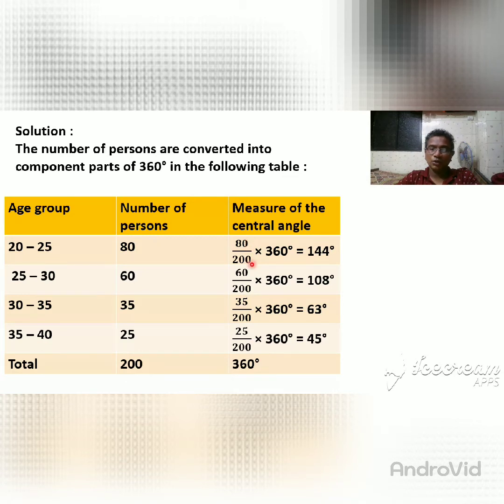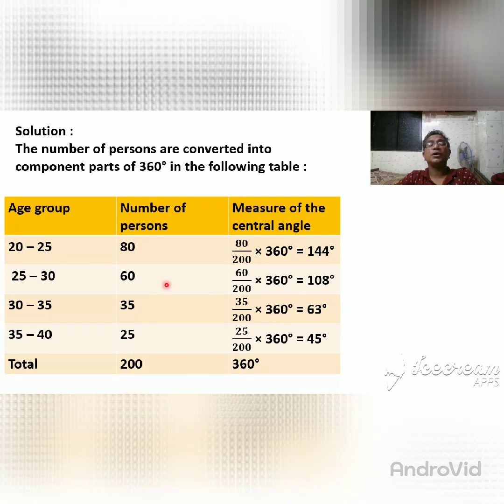This 0 cancels, this 0 cancels. What remains is 2. 2 ones are 2, 2 fours are 8. 4 into 36, 4 sixes are 24, so 4, 2 is carry. 4 threes are 12, 12 plus 2 is 14. So 144 degrees. Then 25 to 30.